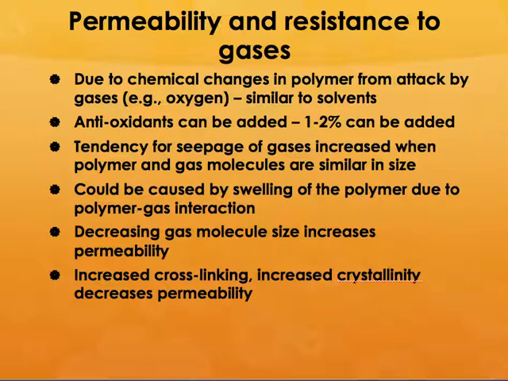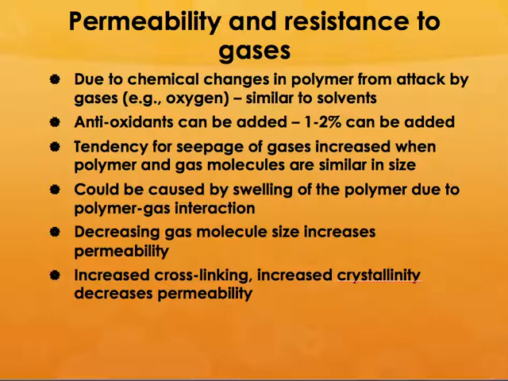Or if you have very small molecules like helium or hydrogen, you have to add some kind of an agent to the matrix itself, so that those matrices are not going to be reactant towards the composite material or the composite matrix itself. And if you are going to be using oxygen, you can add antioxidants. You don't need to add a whole lot, just 1 to 2%.